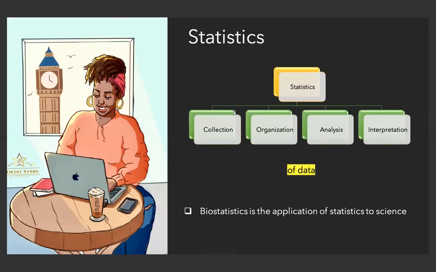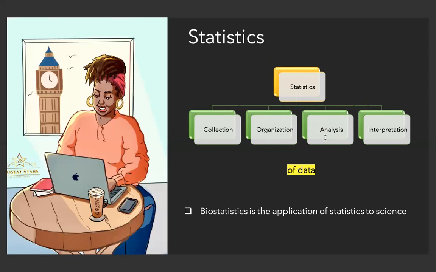All right, so the first concept that we need to talk about is statistics. In general, what is statistics really? Statistics is all about collecting data, organizing the data that we've collected, analyzing the data that we've organized, and then telling a story or interpreting the data that we've analyzed.